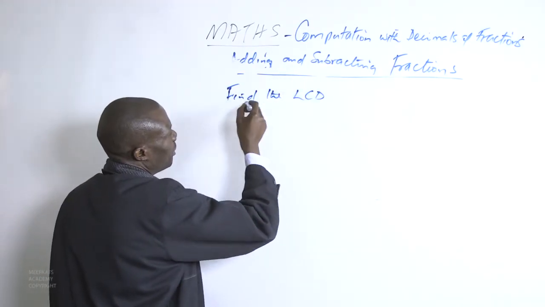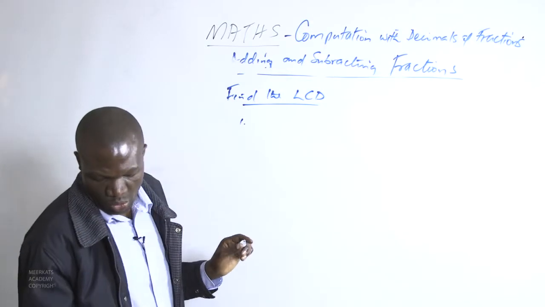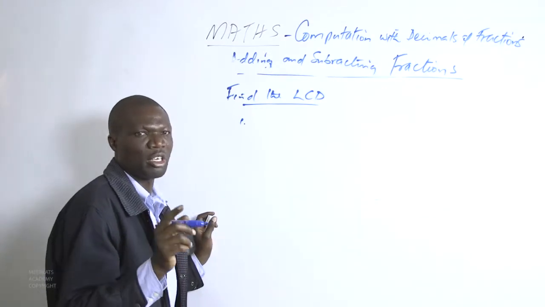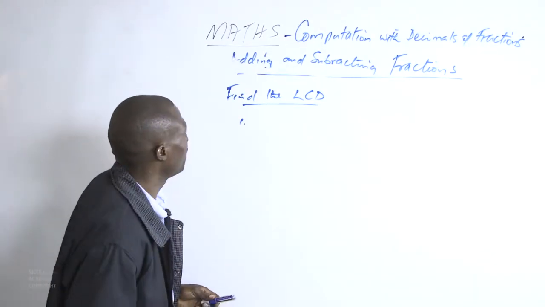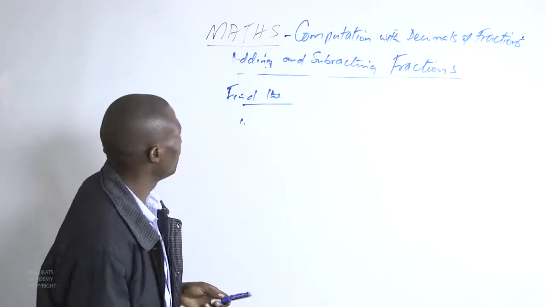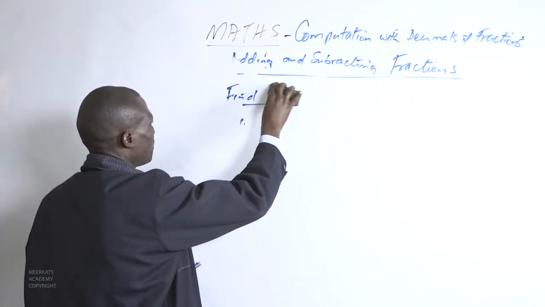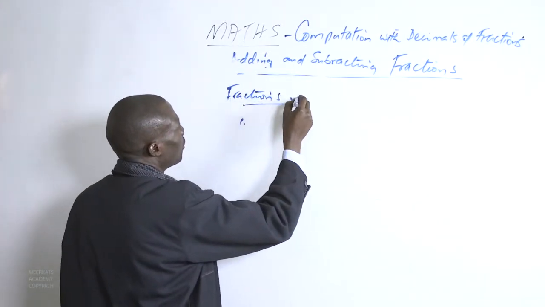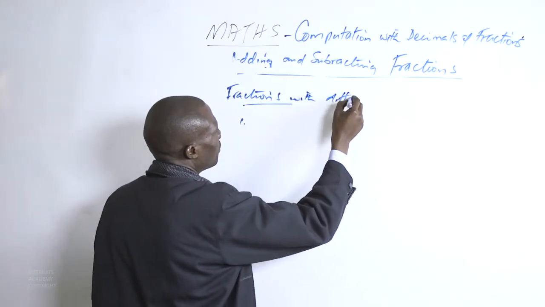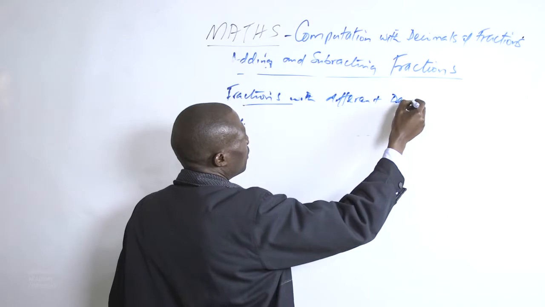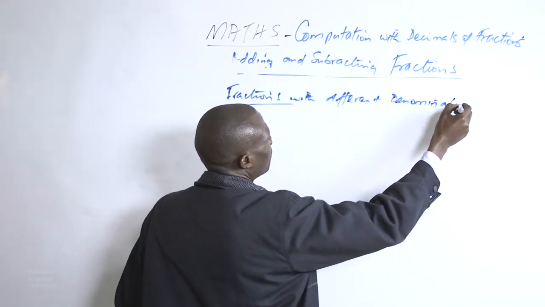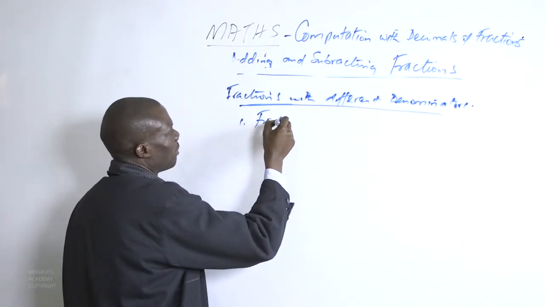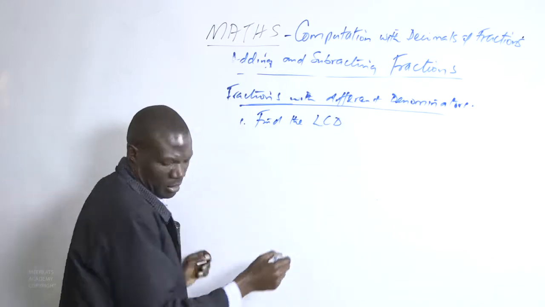If we have 2 or more fractions with different denominators, then 1, we shall be required to find the lowest common denominator.